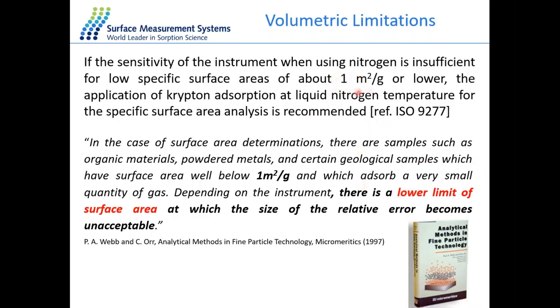If you need to measure very low surface area materials by volumetric techniques, you typically have to go to krypton or other things. This isn't a hard cutoff, but you can certainly get values, but again, the error margins tend to become larger compared to the absolute value of the material.